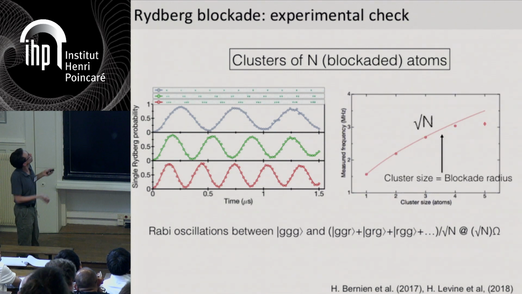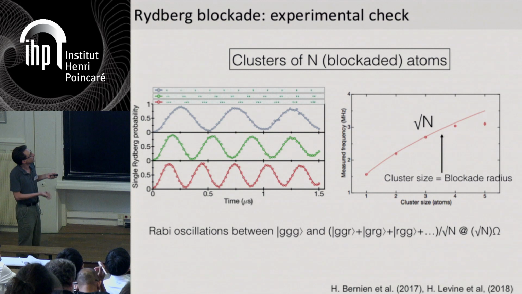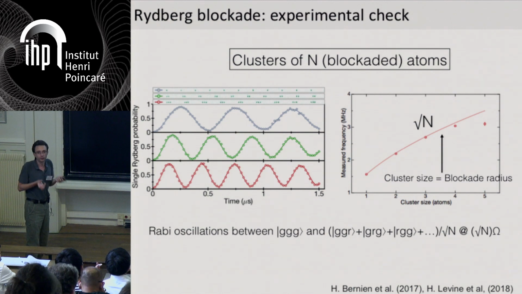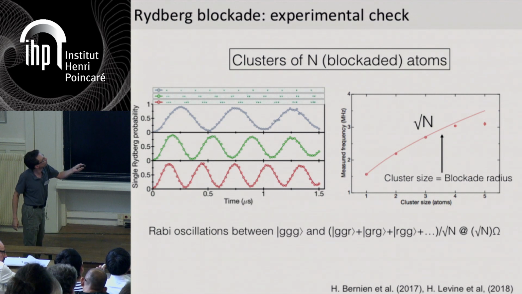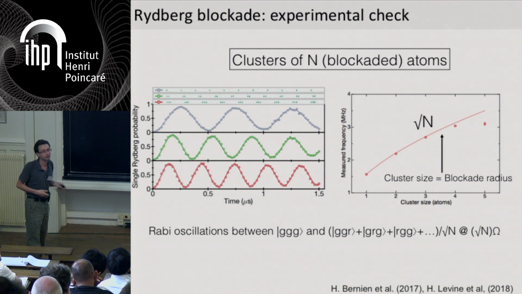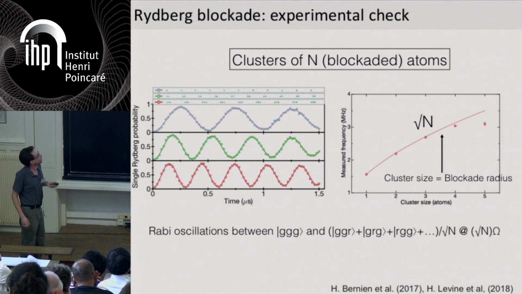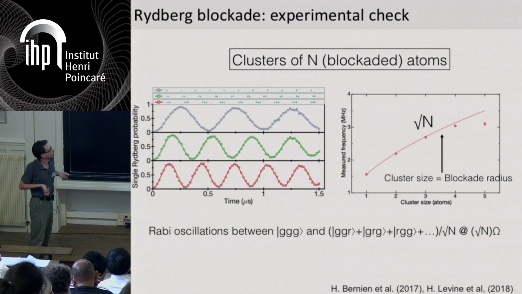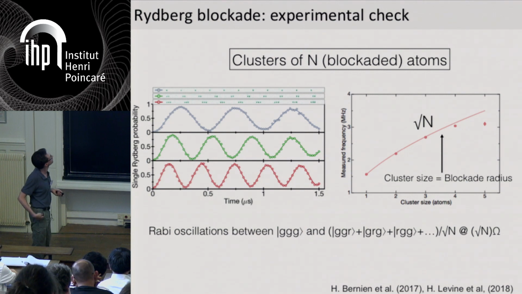And of course, we have tried to do this for more atoms, but in our case, the blockade radius is on the order of 3.5 sites. So as we go to more atoms, we can still try to fit some sine function to the results, but we deviate from this ideal √n dependence, which you can only hope for in the fully blockaded situation.